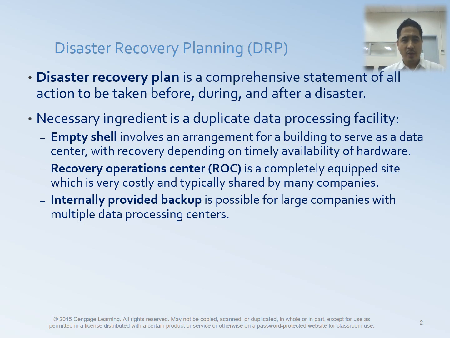It's a redundant area wherein in case of a problem or disaster in their main area, they can transfer to that area and easily operate. The difference with the ROC is that all the facilities are owned by the company for internally provided backup, but for ROC, it's provided by the third party. You just pay for the fee.